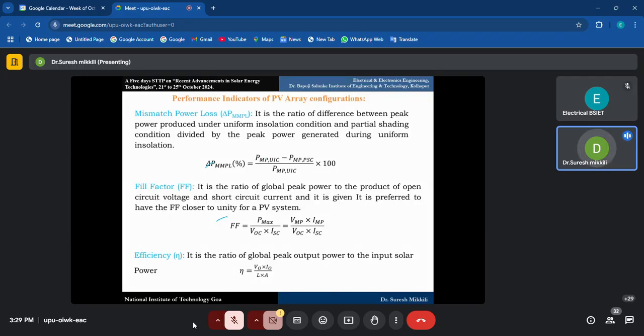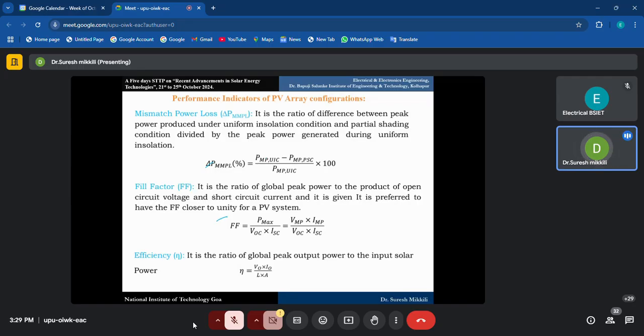Fill factor is the maximum power extracted under ideal condition with respect to operating conditions like VOC and ISC. Fill factor means how much energy you are able to extract for how much irradiance has fallen on the modules. That is the fill factor.